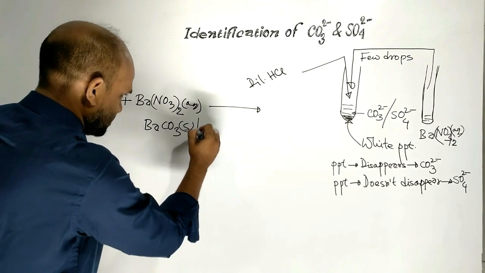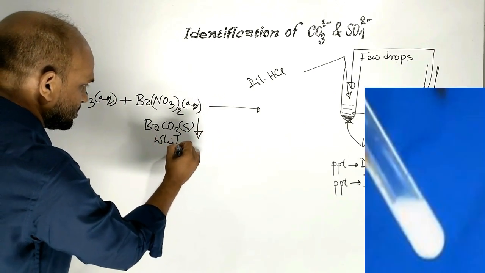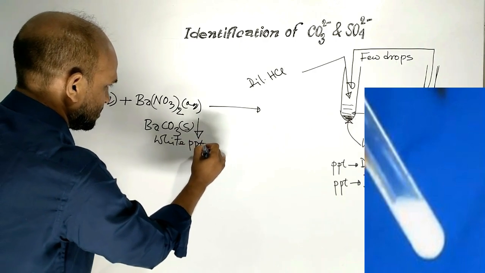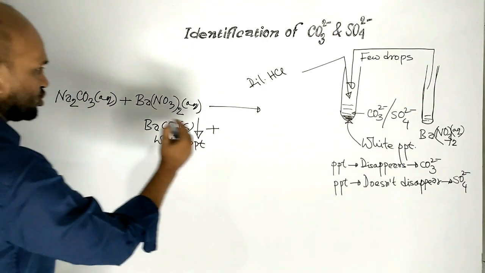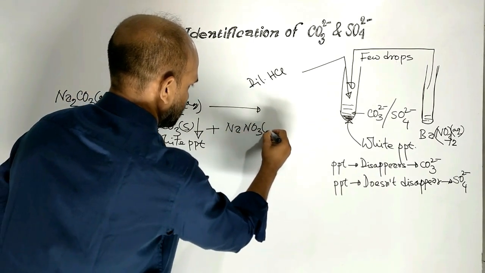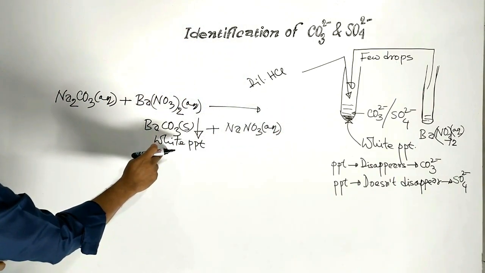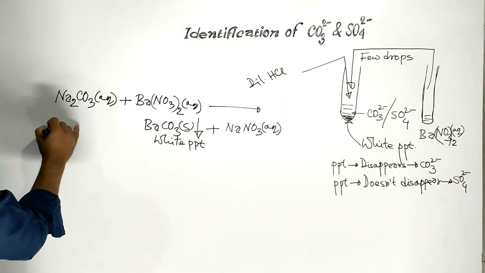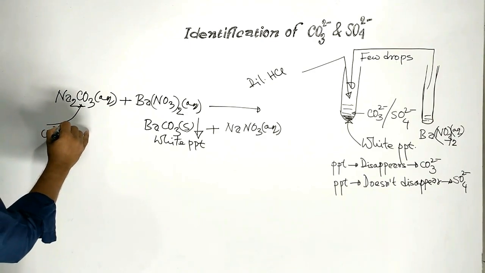So it deposits as white precipitate. And here the byproduct is sodium nitrate. This white precipitate indicates the presence of carbonate ion in the solution.